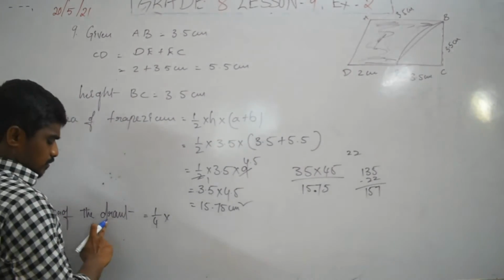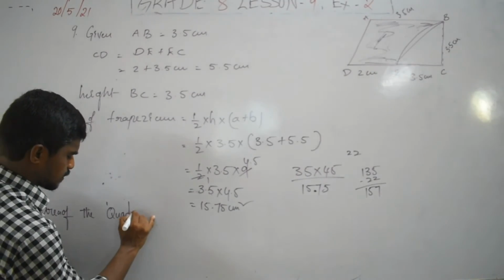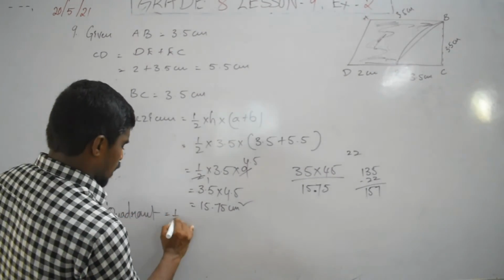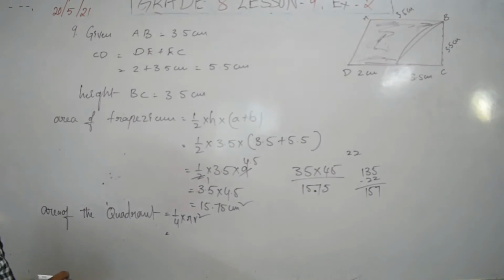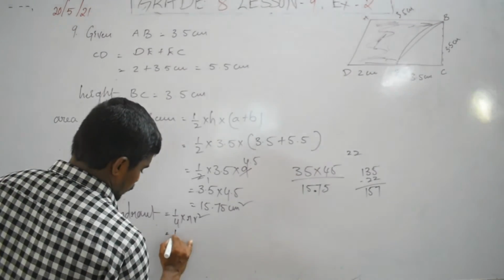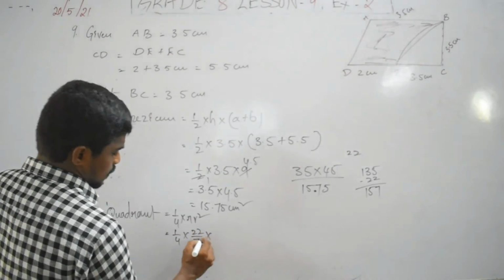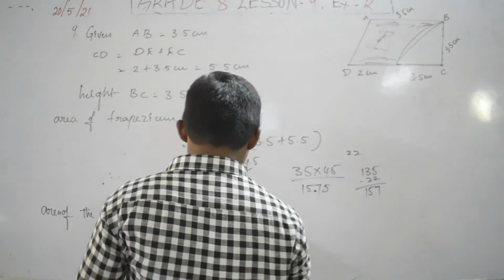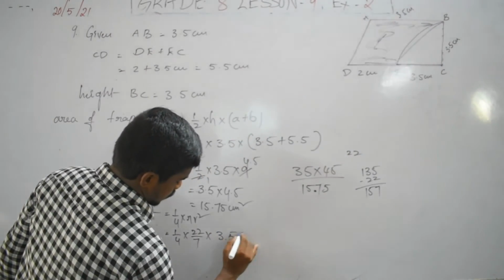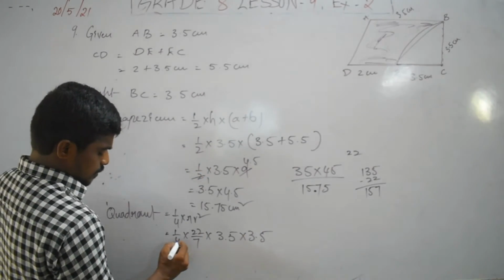Area of the quadrant is 1 by 4 pi r square. Here 1 by 4, pi value 22 by 7, r value, this is the radius, 3.5 times 3.5. So cancel.